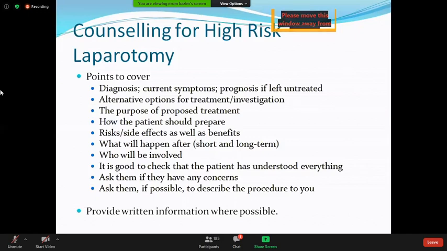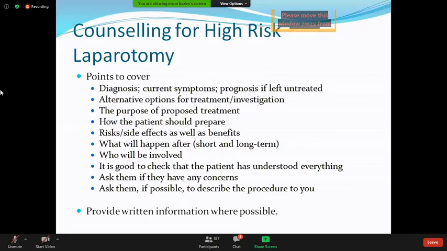And there are chances that we might go for a diversion. We will make a hole in his gut and bring it out of the abdominal wall, and then we'll apply a bag to it for some period, and all his stool will collect in it. Then we will tell him about the stoma care and about the complications.